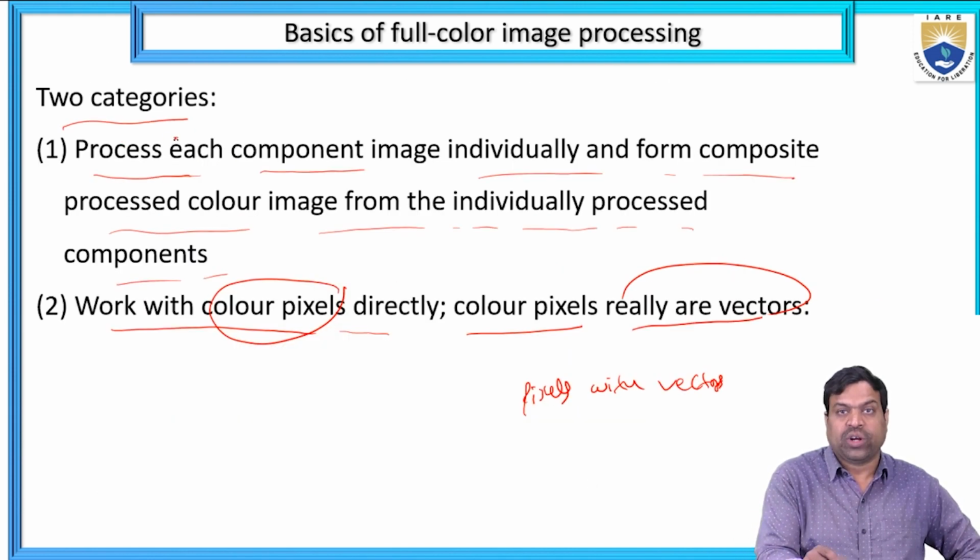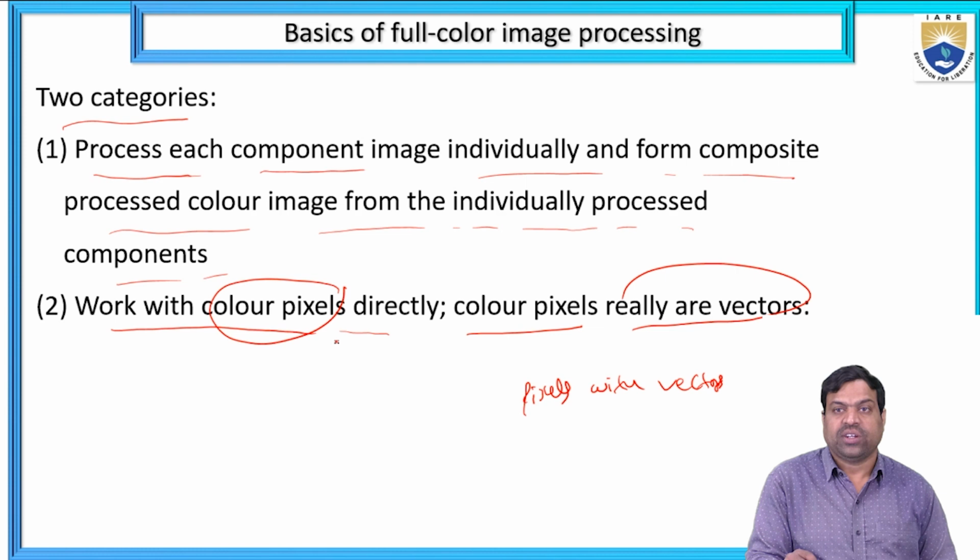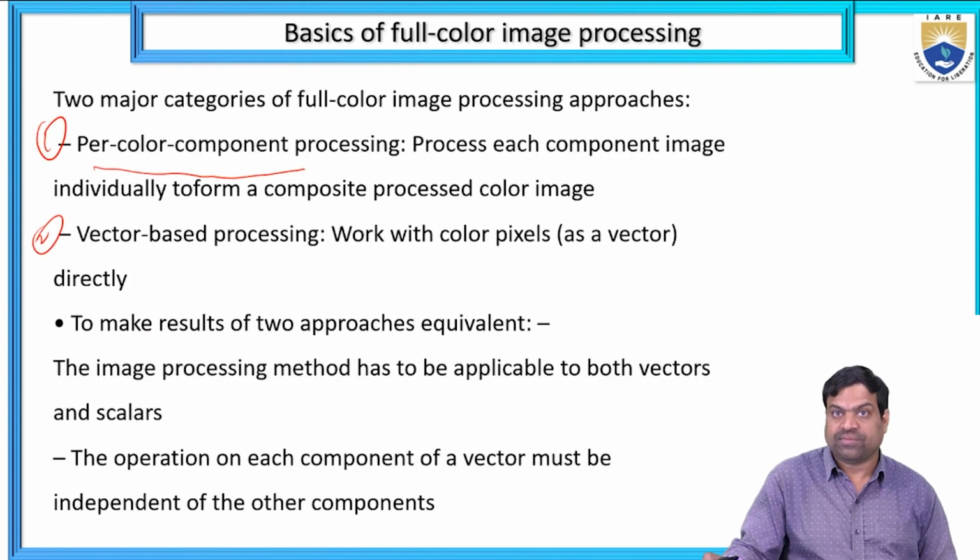What are the two major categories? Process each component image individually and form a composite processed color image from the individually processed components, or work with color pixels directly, since color pixels are really vectors.